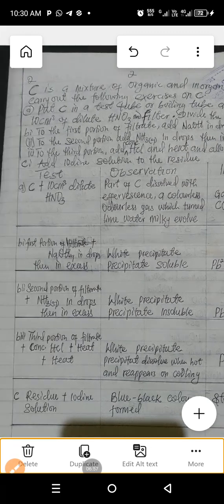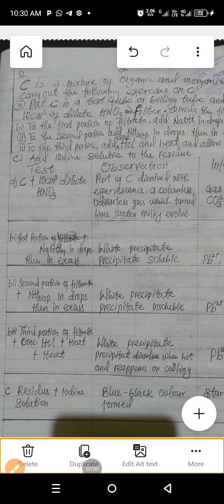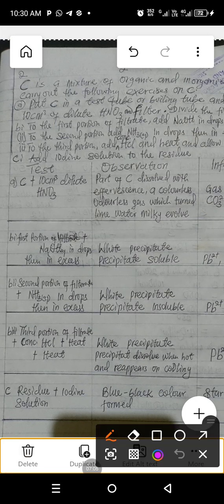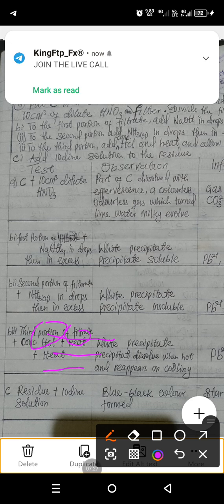So let's go to that now. Third sample plus HCl and then heat. When you add HCl to it, you have a white precipitate. When you heat, the precipitate will dissolve. When you allow to cool, the precipitate will reappear. It's very important you make these observations, remarks for each one.